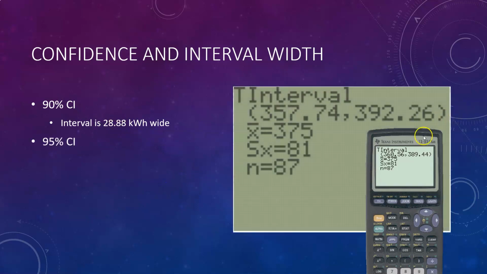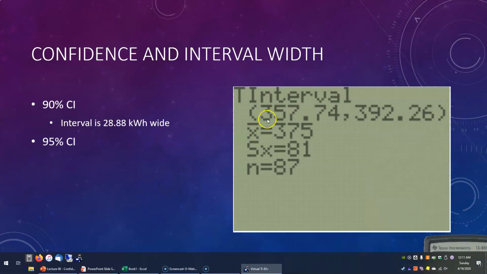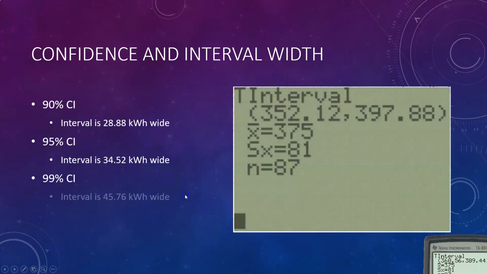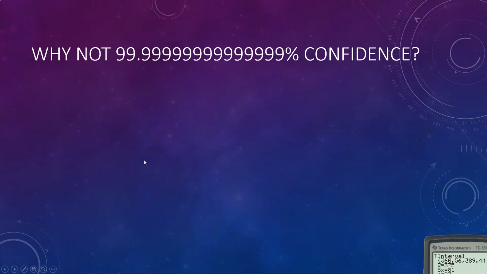With a 95% confidence interval, we get this. This interval is 34 kilowatt hours wide. With 99, it's 45. It's substantially wider than my 90% confidence interval.